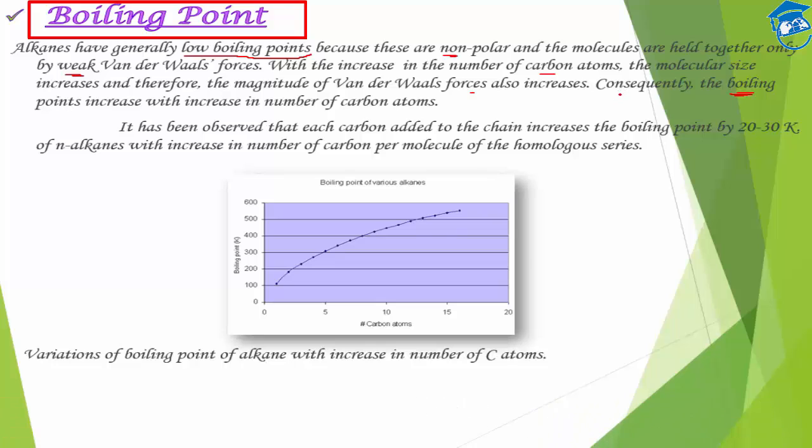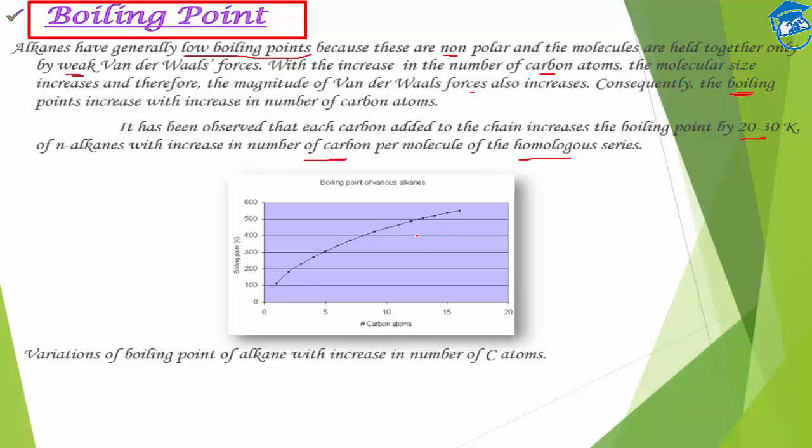And there is a general observation that in a homologous series, with each increase of carbon atom, generally the boiling point will increase by 20 to 30 Kelvin. This is a graph which shows the variation in the boiling point. Generally the boiling point will be low.